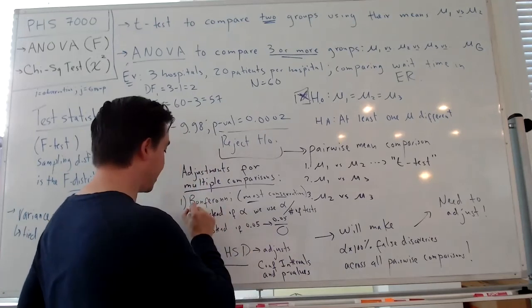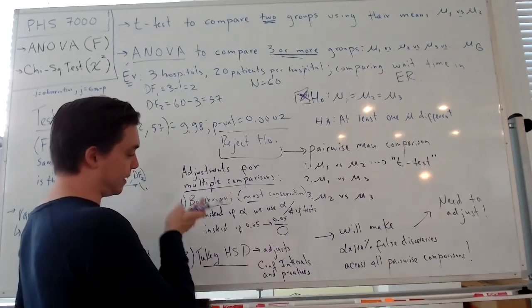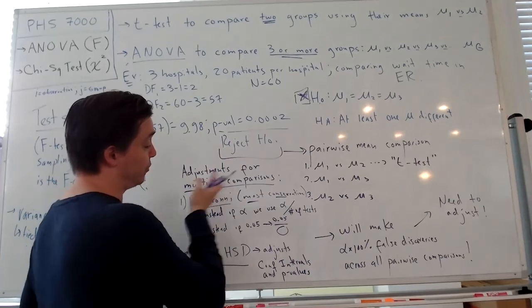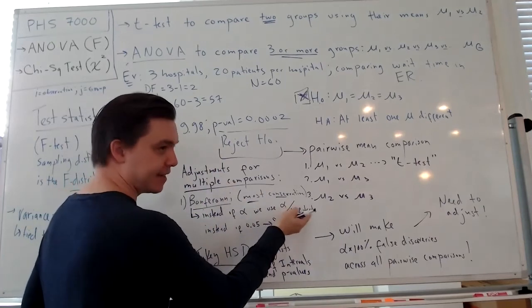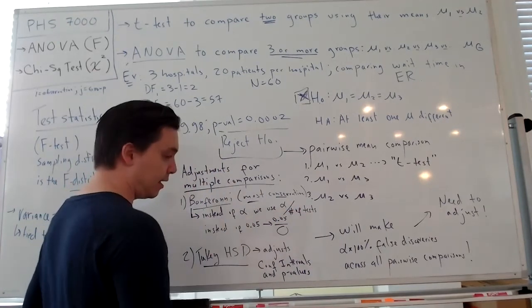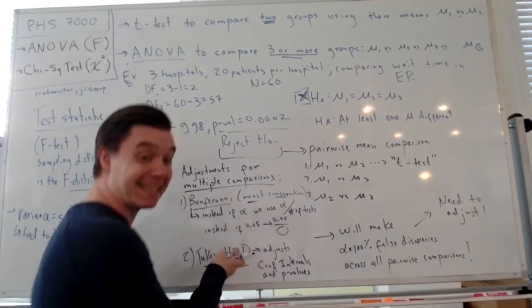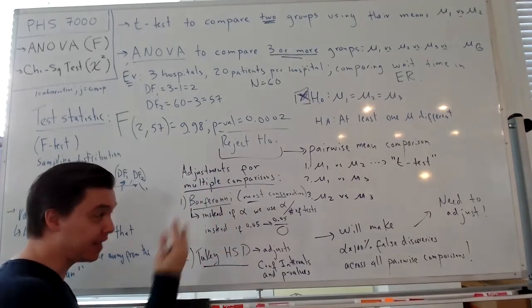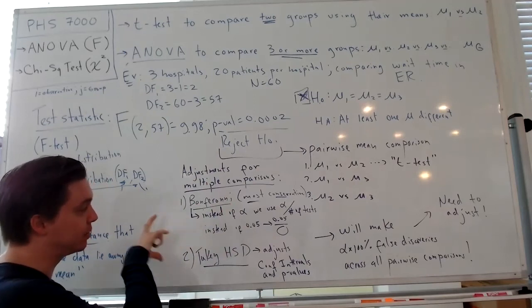It is a middle of the road option. So I think that's another reason why, if you don't want to use the Bonferroni, which is probably the easiest to apply, you use the Tukey HSD. And by the way, in SAS, and we'll see in class, these are simple options to just bring up.